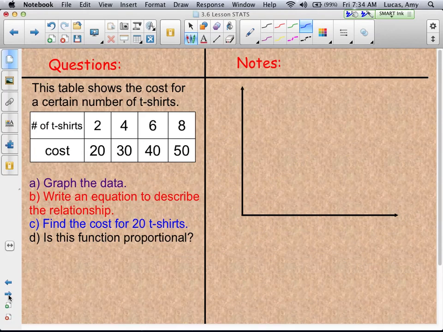Next example, just like the last one, number of t-shirts and the cost. So I'm going to put the number of t-shirts on the x-axis because the number of t-shirts is independent. You get to decide how many t-shirts you're going to buy. Then the cost is going to depend on how many t-shirts you're buying.